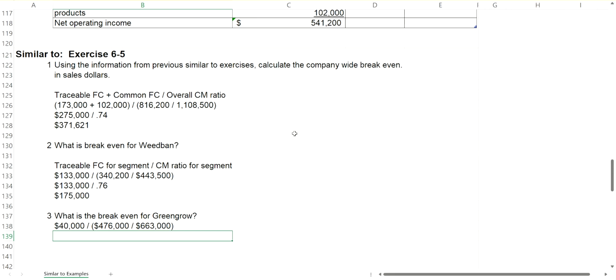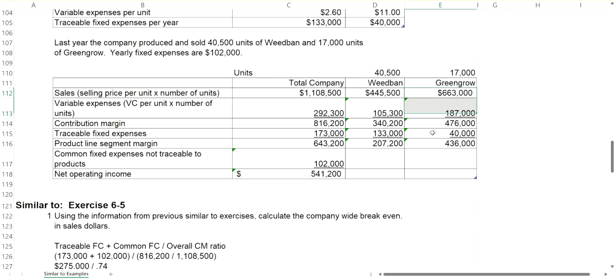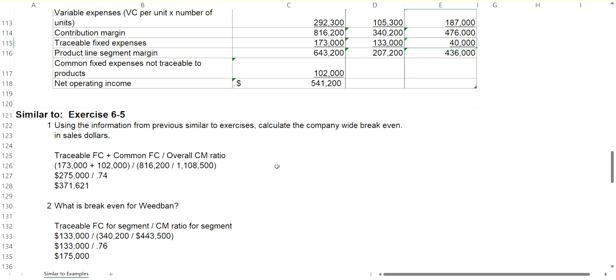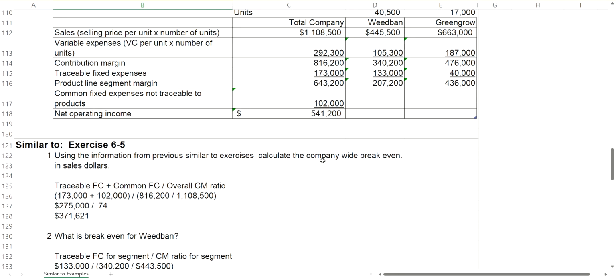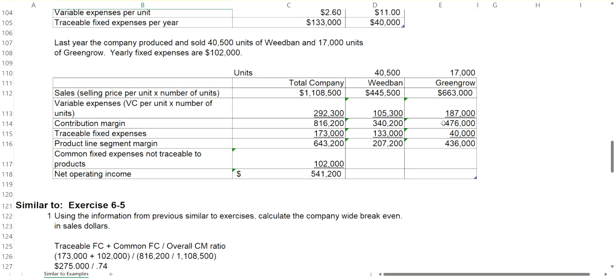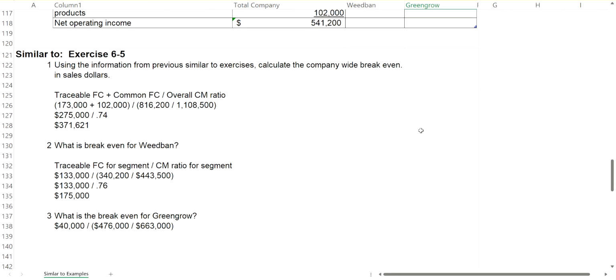Okay, let's do break even for GreenGrow, and I'll fix the spelling there. So we'll go to the GreenGrow column. So here's the GreenGrow column. GreenGrow's traceable fixed cost is $40,000. So notice I started out with $40,000. To get the contribution margin ratio for GreenGrow, I would take the contribution margin of $187,000. Oh, I'll take that back. Sorry, the contribution margin is $476,000 and divide it by sales of $663,000.